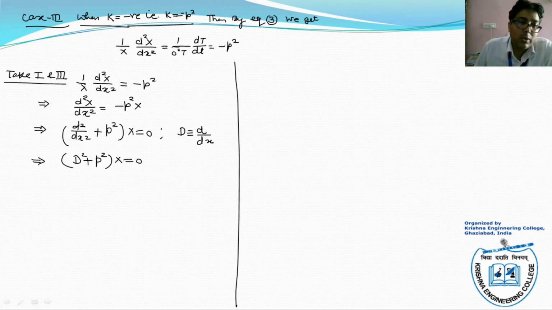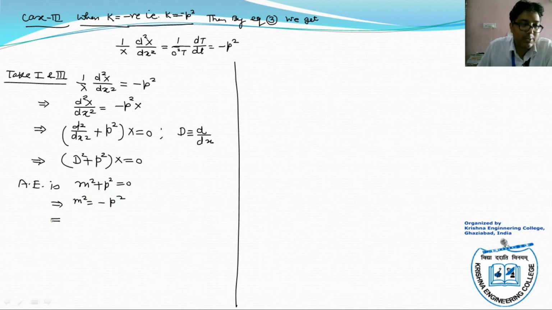This equation is an ordinary linear differential equation with constant coefficients. So the auxiliary equation is m square plus p square is equal to 0. Now m square is equal to minus p square. Take the square root. So m is equal to under root minus p square.